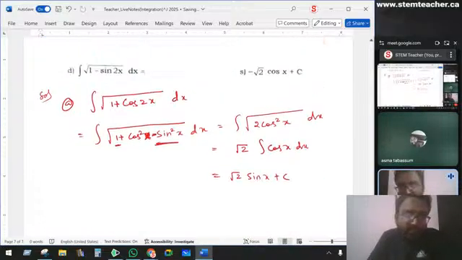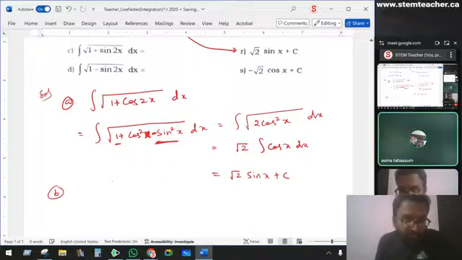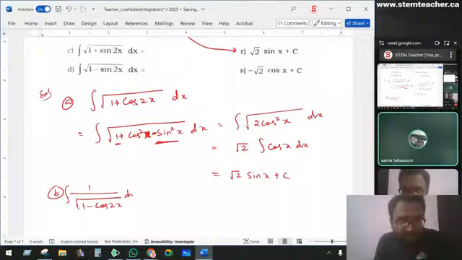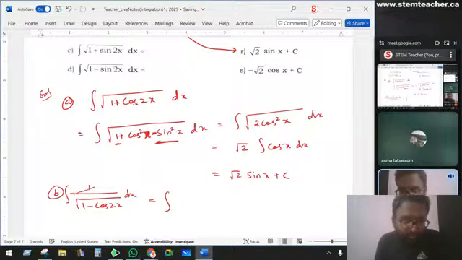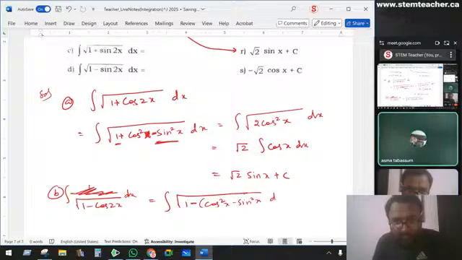And you can do this thing, 1 minus cos 2x. The integration of under root of 1 minus cos 2x dx, same logic. Sorry, it is simple. So it is 1 minus of cos square x minus sin square x, into dx.